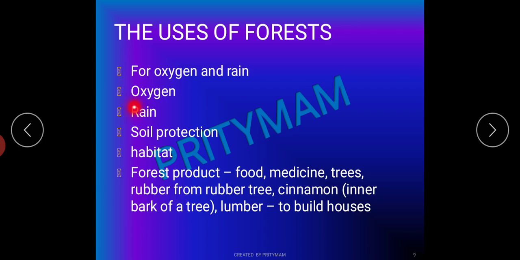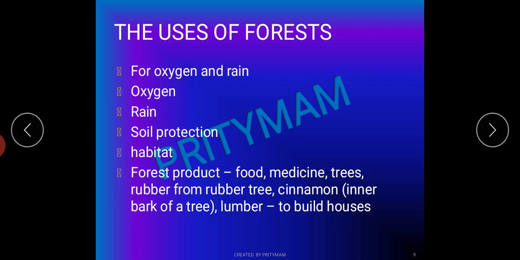Likewise, another use of forest is the rain. Trees give out huge amounts of water vapor through transpiration. The cool air above the forest encourages the formation of clouds, and thus it increases the rainfall. Then soil protection.